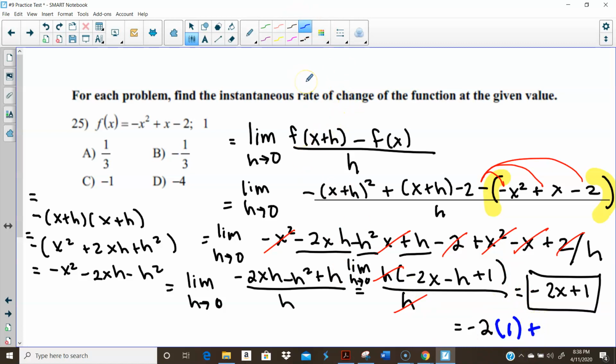Oh, darn it. I'm trying to be fancy and it didn't work. So negative 2 times 1. I want to go back to black for the grand finale. Plus 1. Negative 2 plus 1 is negative 1. And so the rate of change is C, negative 1.